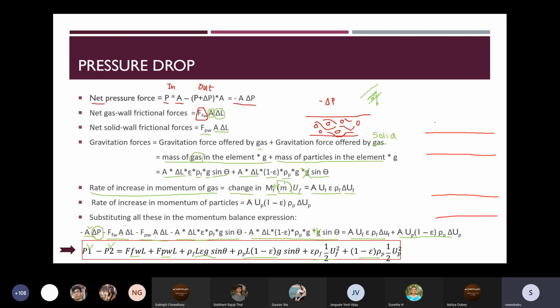In the first case, this is the solid feed. The solids are just supplied, so the solids are falling.